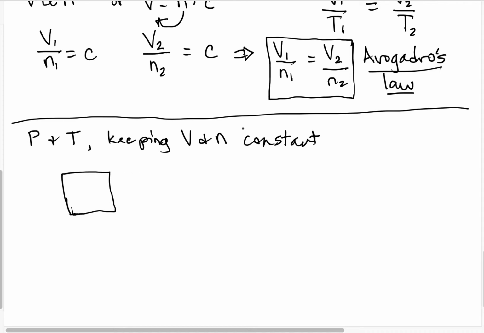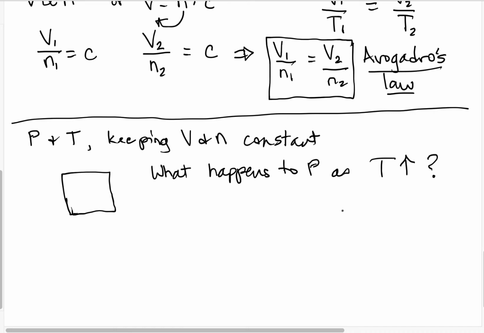That would be what keeping volume constant means. So we can pressurize the gas and we can raise the temperature of the gas. Those are the two things that we can do. But what we're really looking at is what happens to the pressure as the temperature increases. That's what this is exploring.